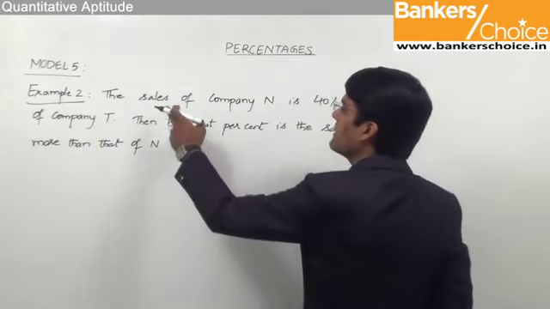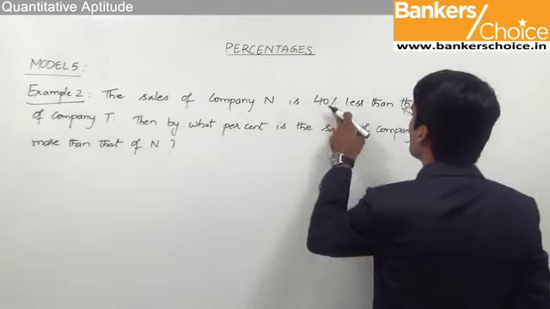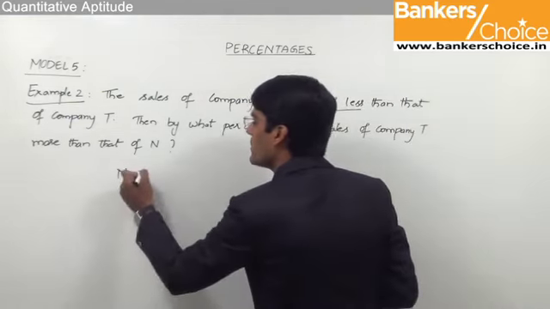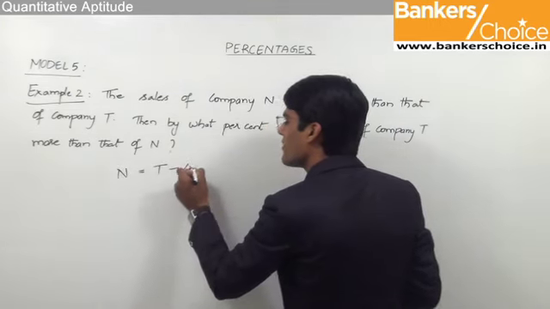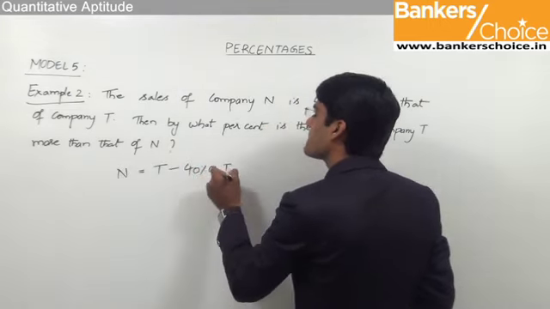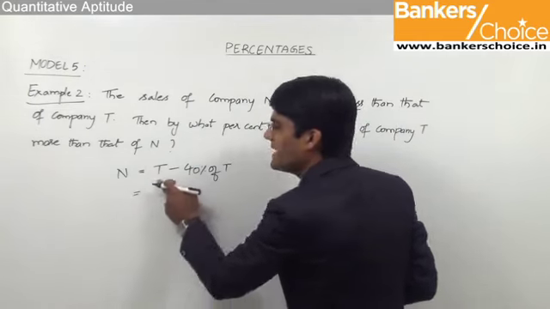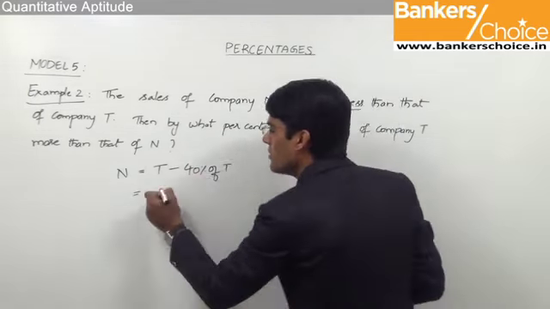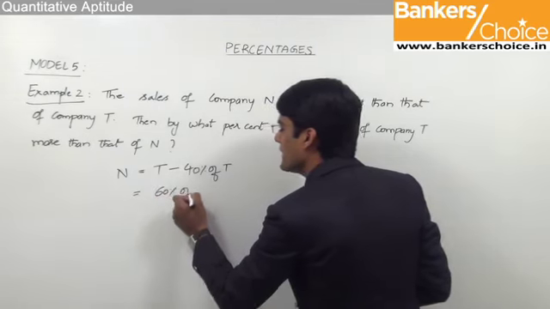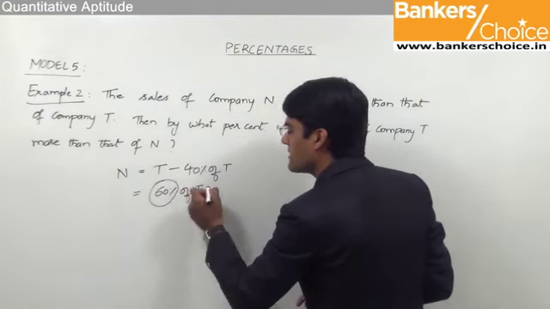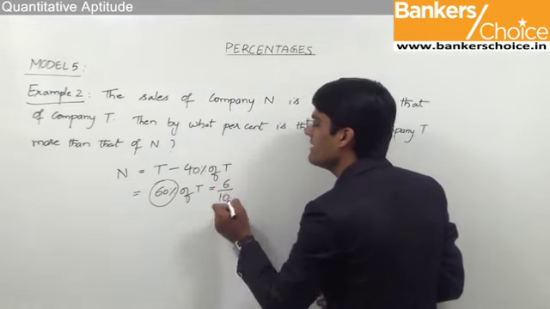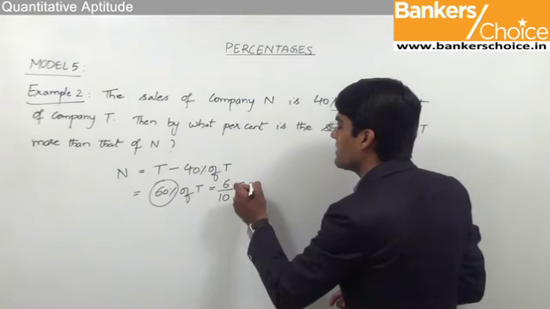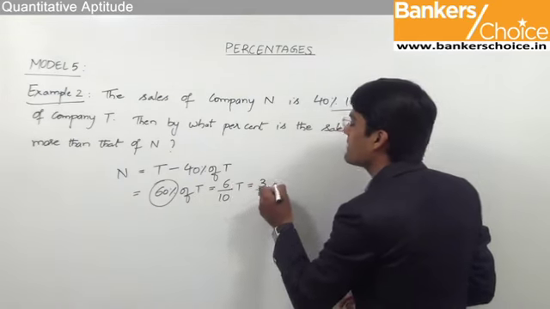Here we know that company N is 40% less than company T. So we can say that N will be equal to T minus 40% of T. T is nothing but 100% of T, so T minus 40% of T will be only 60% of T. And we know that 60% is equal to 6 by 10 in terms of fraction. So 6 by 10 into T, or this can be taken as 3 by 5 T.